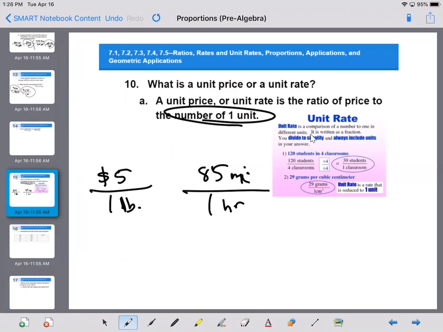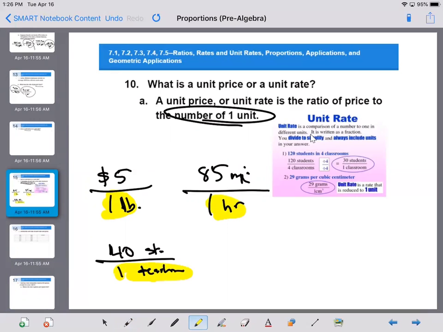As the example says, it could be 40 students to 1 teacher. As long as you get that denominator to be 1, then you've written it in the form of a unit rate.